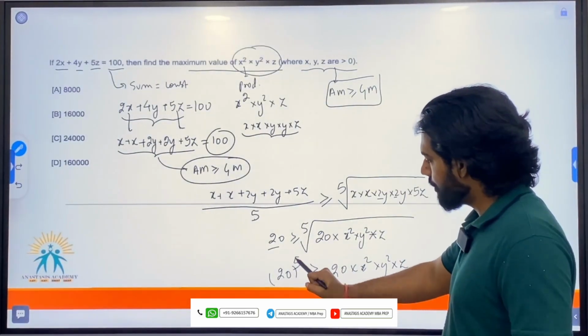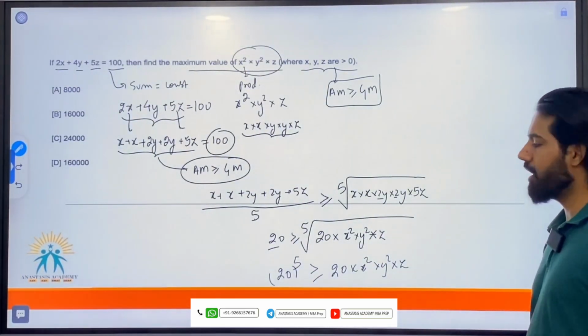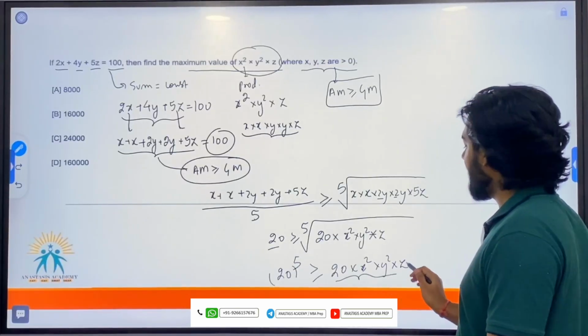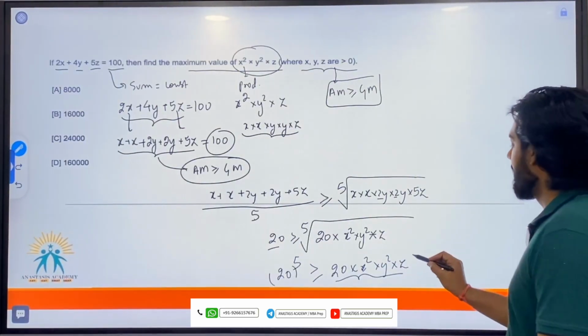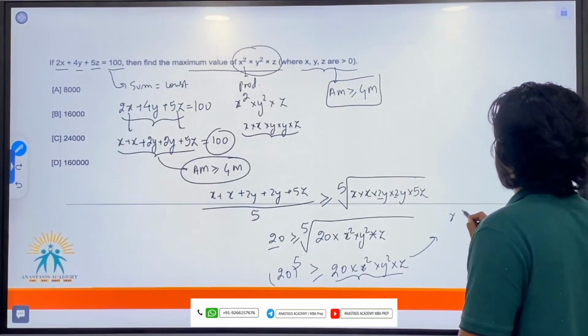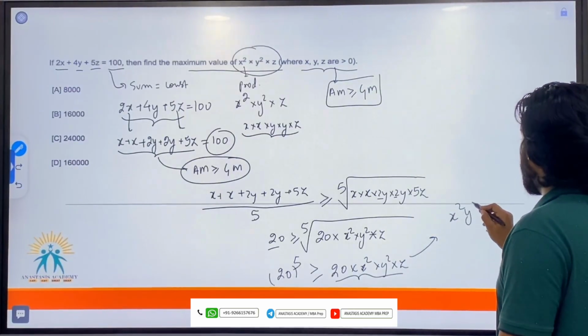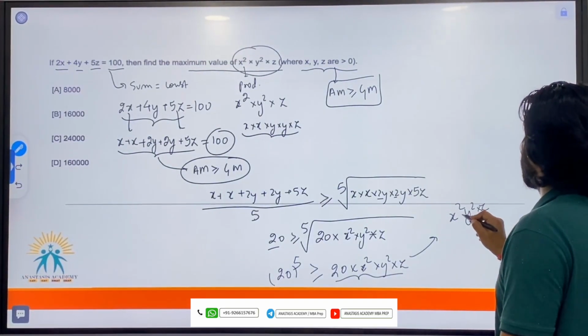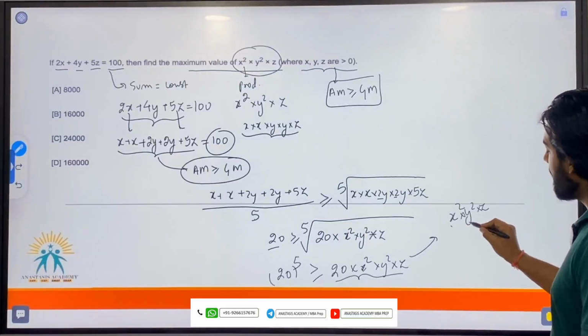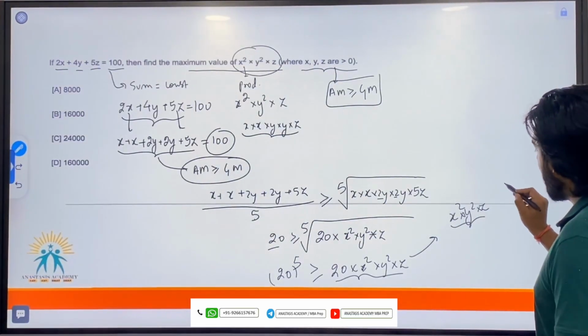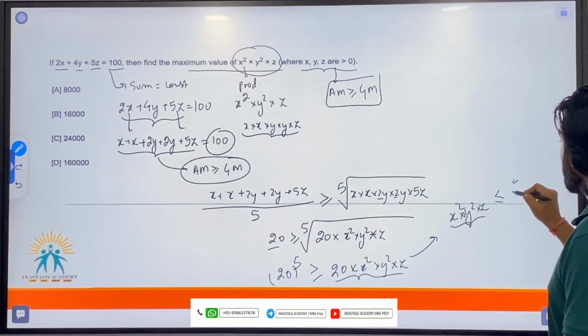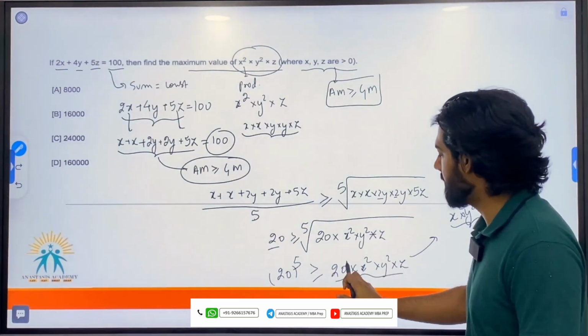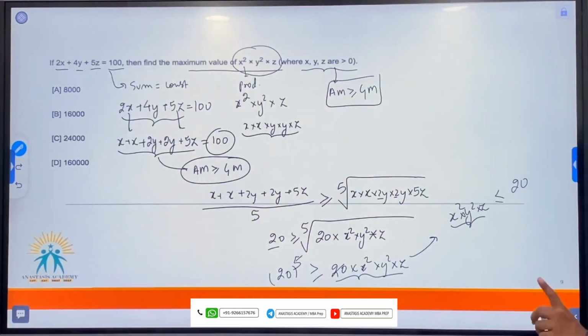So I get 20 raised to the power 5 is always greater than or equal to 20 times x square y square into z. So from here, the value of the product x square y square z will always be less than or equal to 20 raised to the power 4, because this 20 cancels one power.